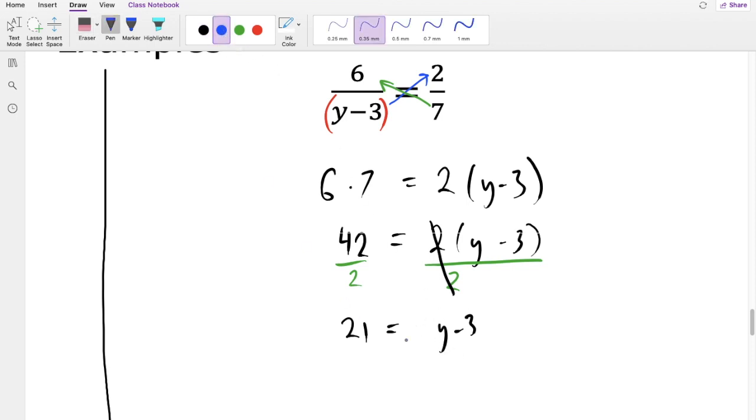This is just a one-step problem now. Something is being subtracted from what I'm solving for, so I'm going to add that on both sides. On the right side, the -3 and +3 cancel to 0, and on the left side, 21 plus 3 gives me 24. And that is my final answer.